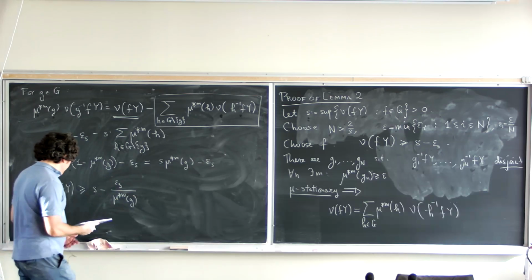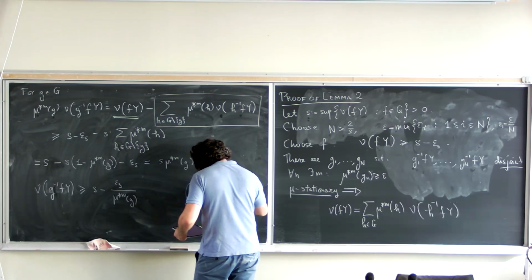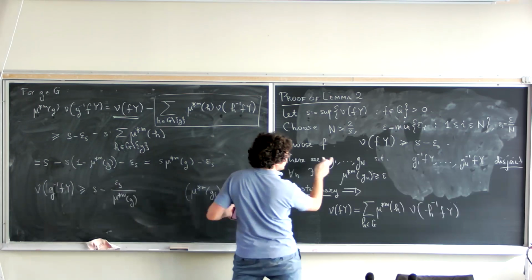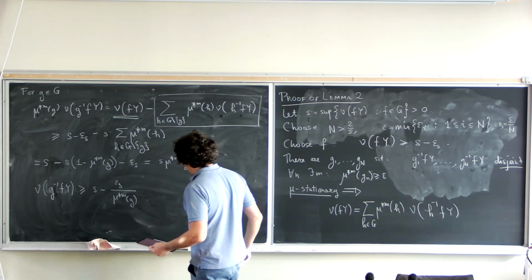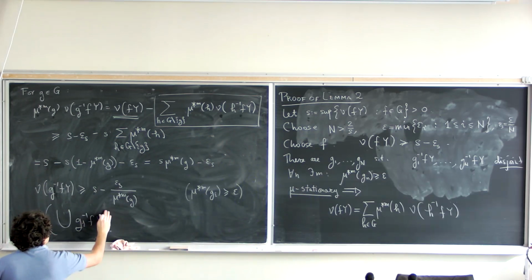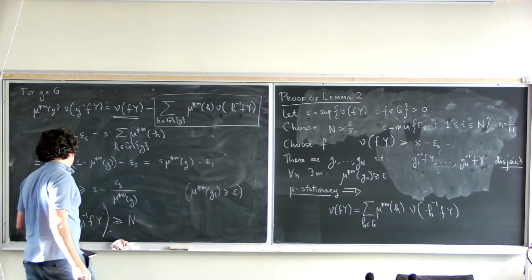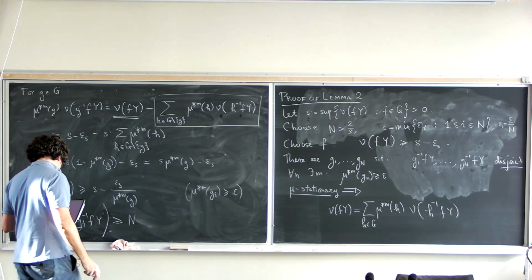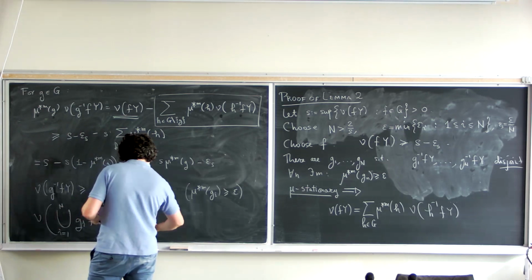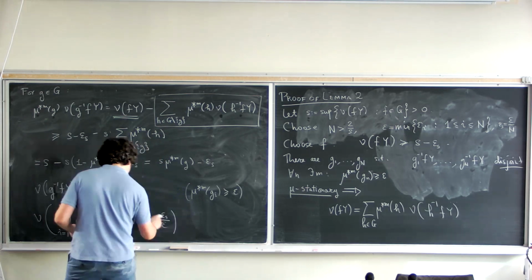Right, and so recall that mu star m of Gi is bigger than epsilon. This is the epsilon that we picked here. So we know that nu of the union of Gi inverse Fy over i equals 1 to n is at least n times (S minus epsilon S) divided by epsilon.